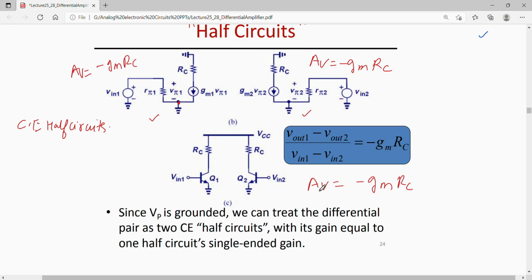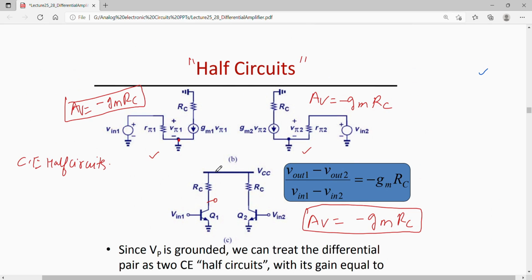That is, the gain of this differential pair is equal to the gain of a common emitter stage with single-ended output, right?